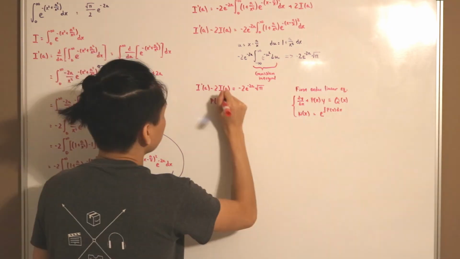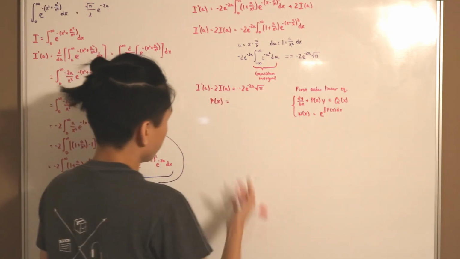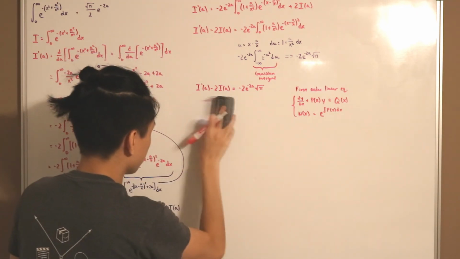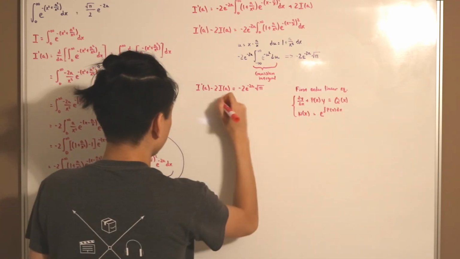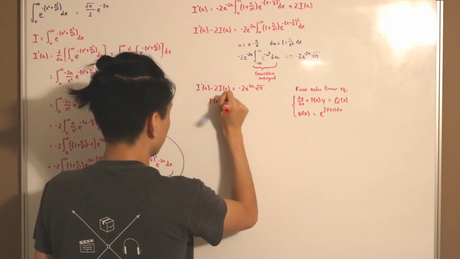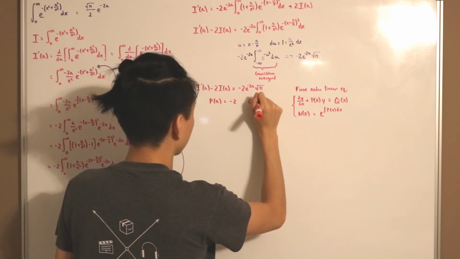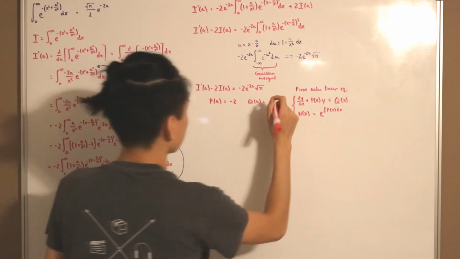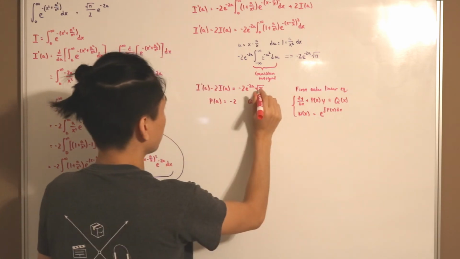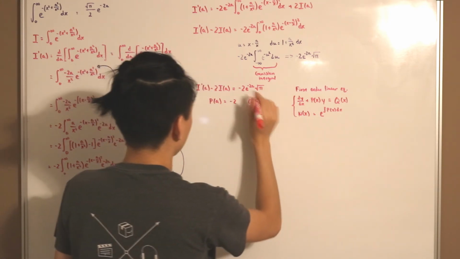So now take a look at the pieces we have. In this case, p of a is equal to -2, and then q of a is equal to this piece. So I'm going to move the square root of pi next, right beside the -2.